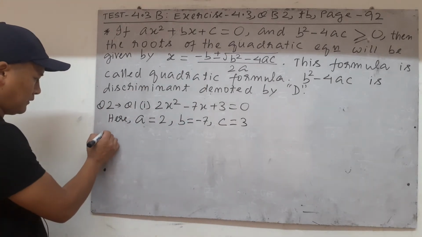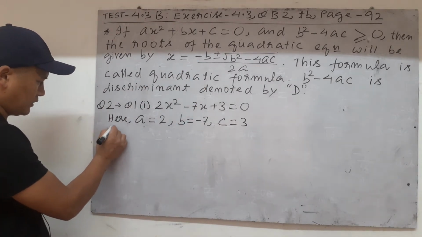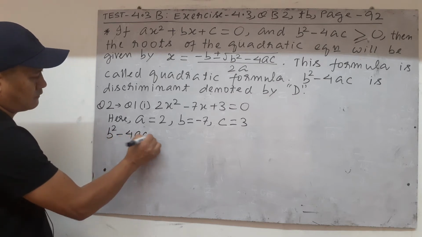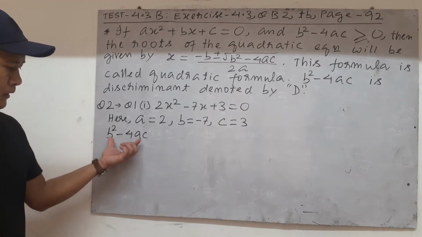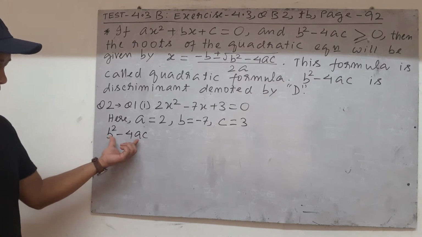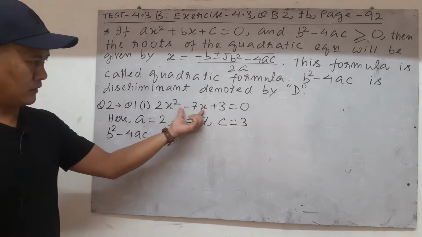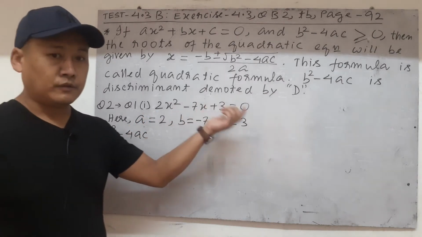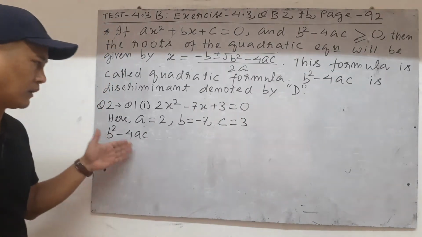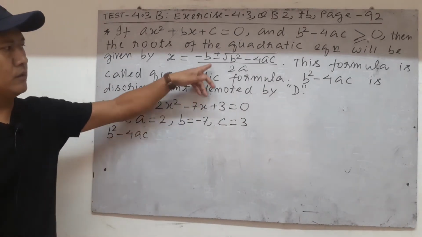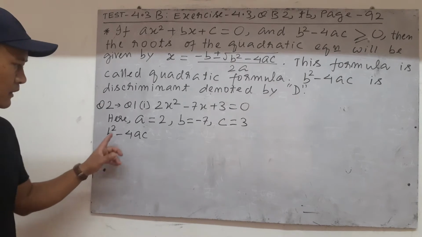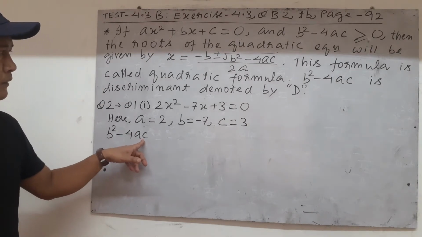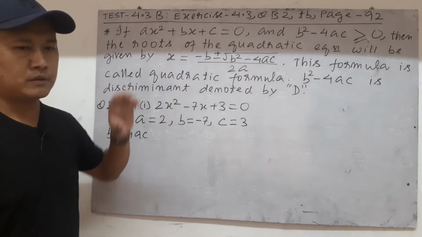Then after you do that, find the discriminant, which is b squared minus 4ac. Why? Because once we calculate this value, we'll come to know whether this quadratic equation has real roots or not. And if they don't have real roots, then we will not be solving. But if they have real roots, then only we will proceed to solve by using this quadratic formula.